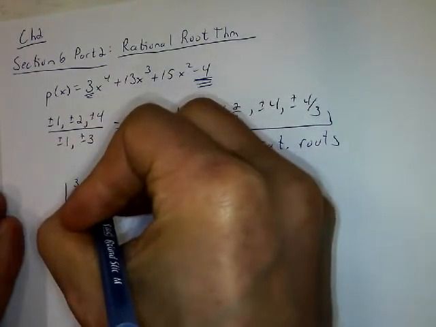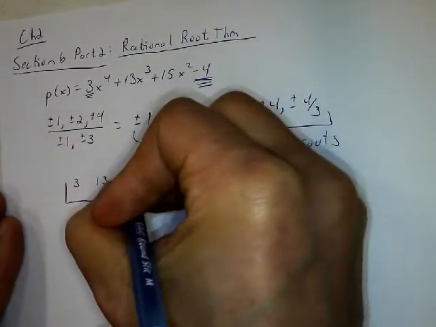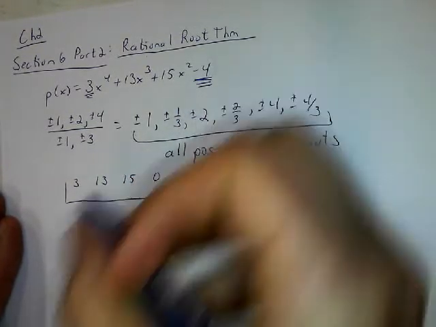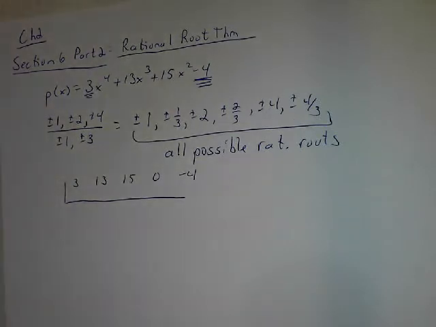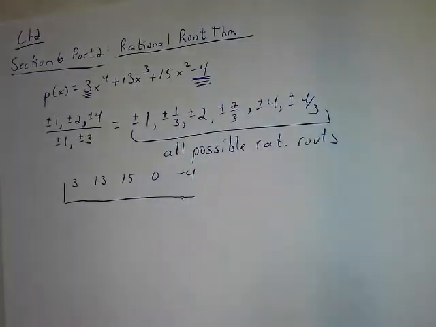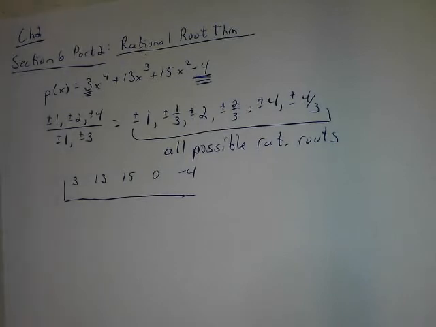So 3, 13, 15, 0, -4. And this process is something you're not going to like. You must pick a number and try it. From this list, I'm purposely going to be wrong on this one.